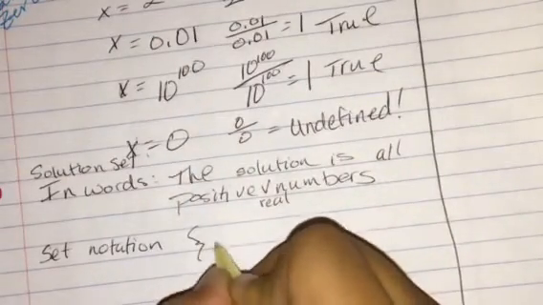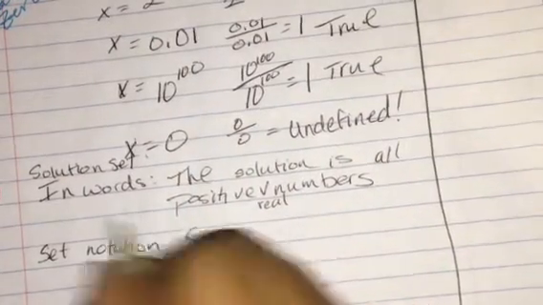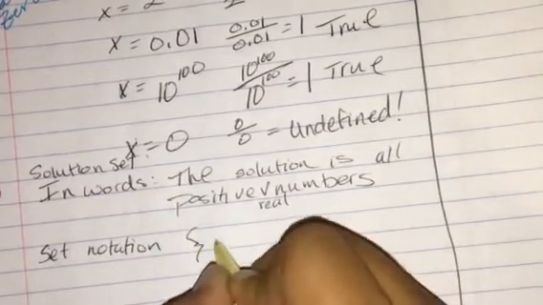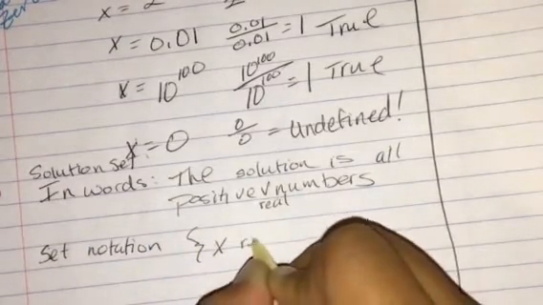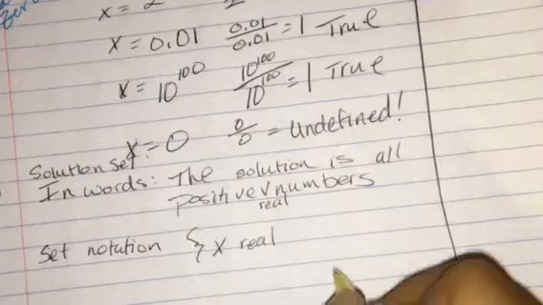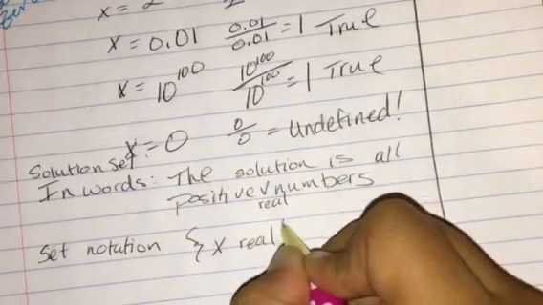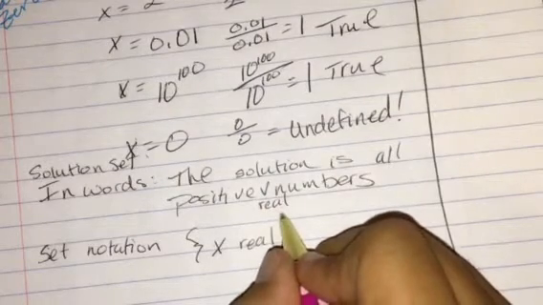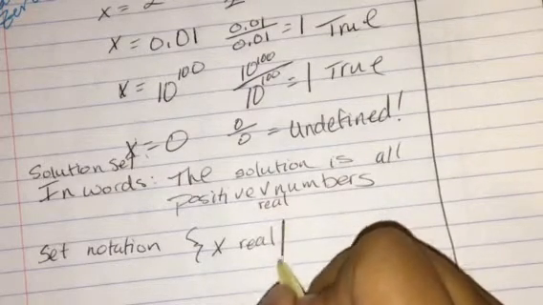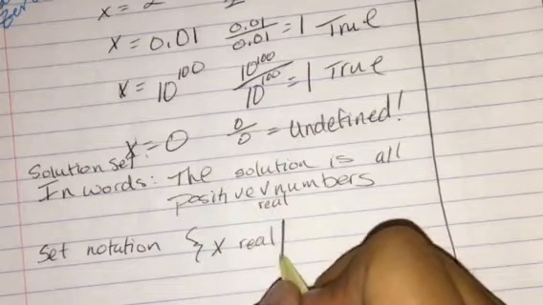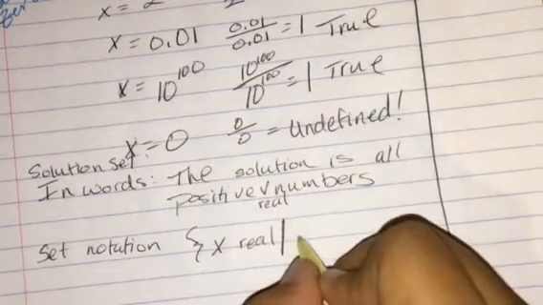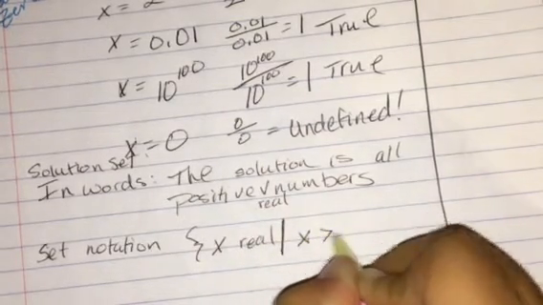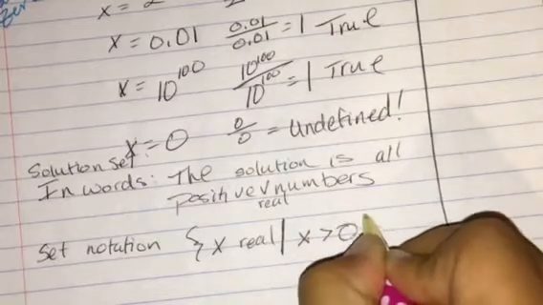What we can do is write the solution set in this curly bracket as x, all the real numbers of x, and then you draw a bar. This is not a 1, this is not an L, this is just a bar that goes the entire length of the letters, for x is greater than 0.